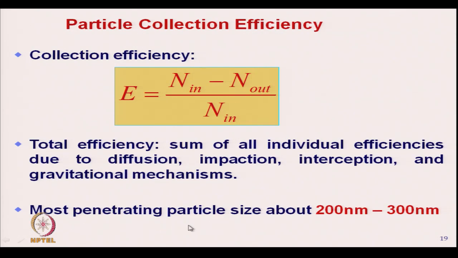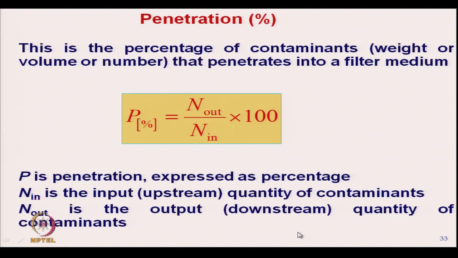Most penetrating particle size is about 200 nanometer to 300 nanometer, and this is in terms of penetration percent. This penetration percent is the percentage of contaminants, that is weight or volume or number, that penetrates into the filter medium.